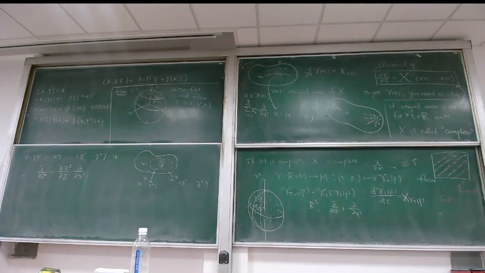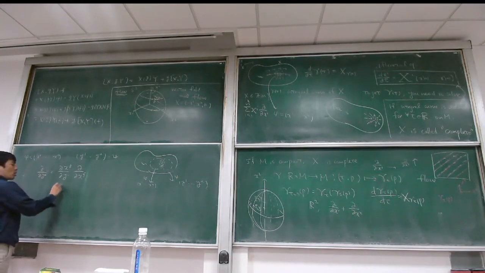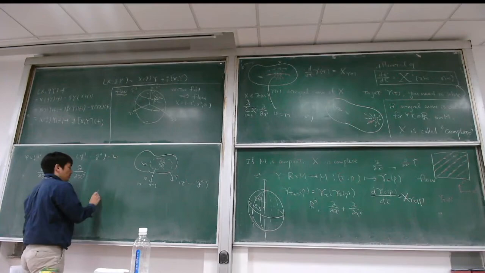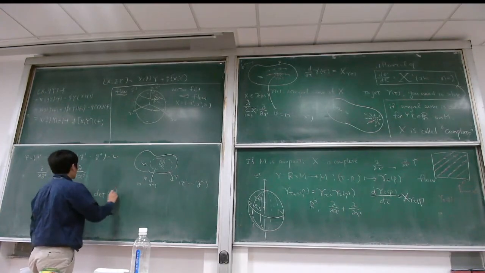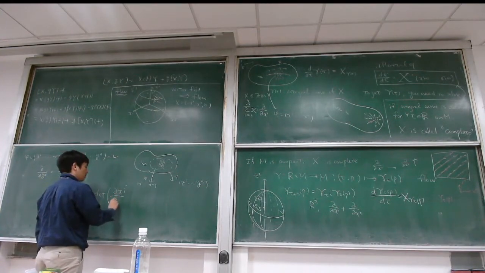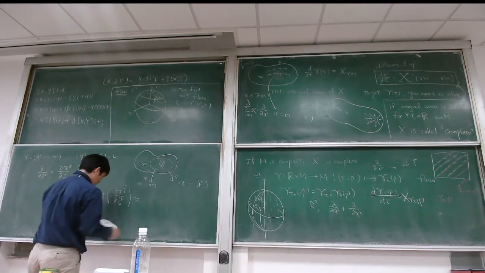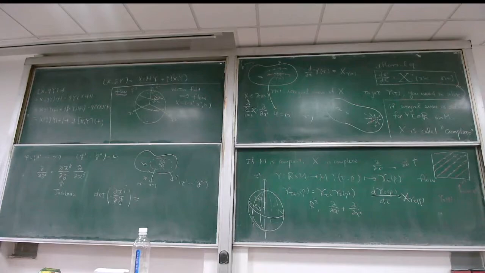So that's the coordinate transformation. We call its derivative the Jacobian. And if the determinant of the Jacobian is, of course, it's a coordinate transformation, it should be non-zero, everywhere non-zero.